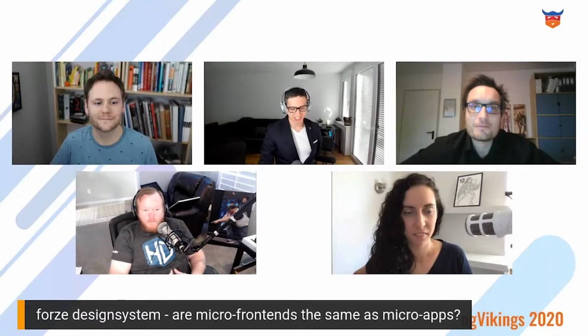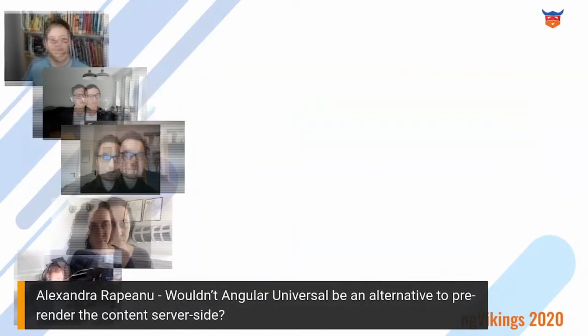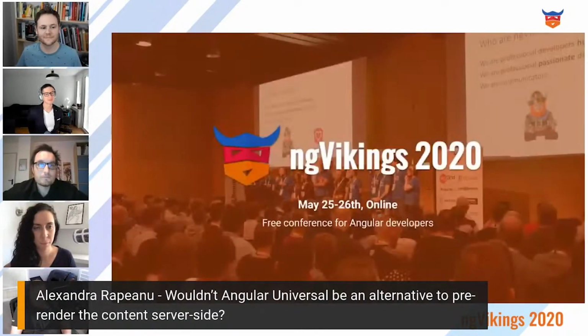Cool, absolutely great. Next question is for Aaron. Aaron, wouldn't Angular Universal be an alternative to pre-render the content server side? Yeah, so when you're doing pre-rendering, you can do Angular Universal or you can do Scully. Angular Universal is very fast compared to Scully.